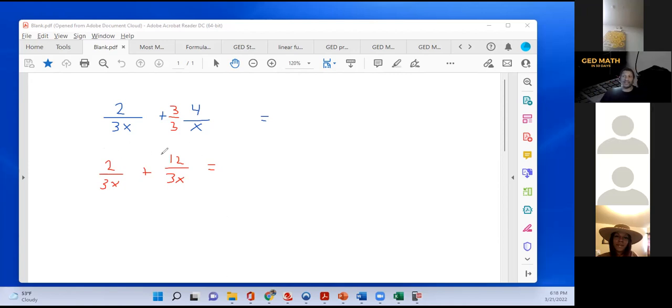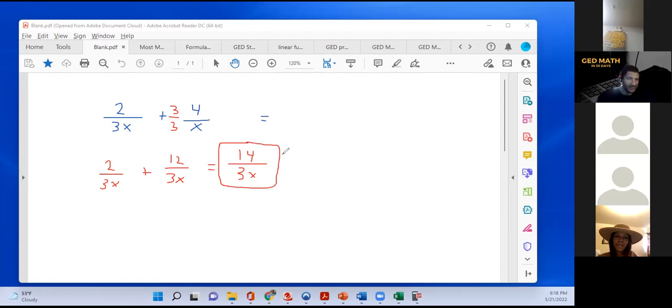So now what can I do to the numerators? Add them. What's 2 plus 12? 14. So this answer will be 14 over 3x.